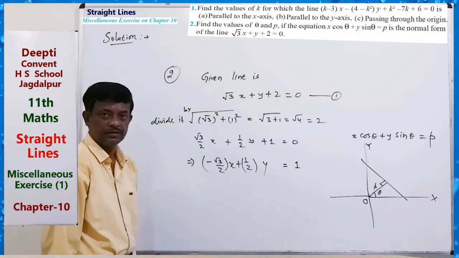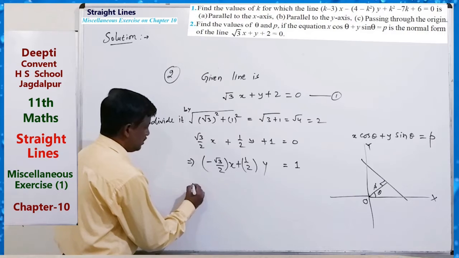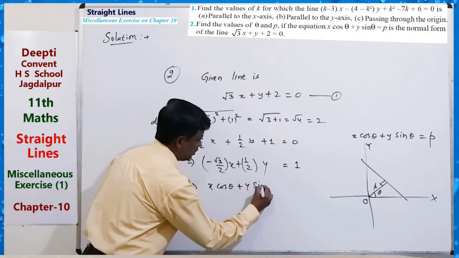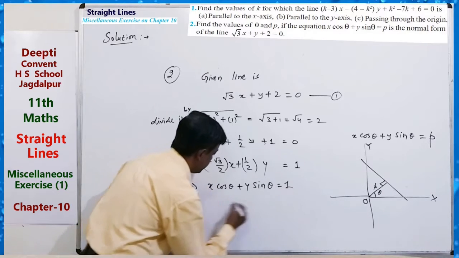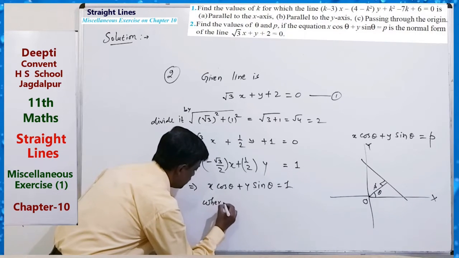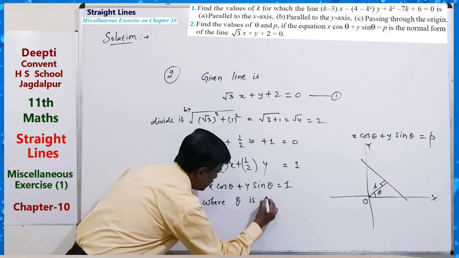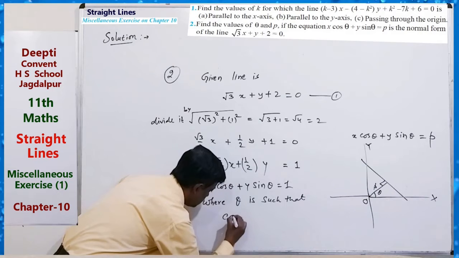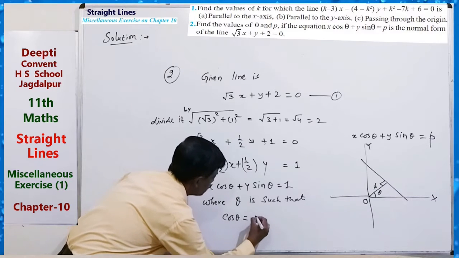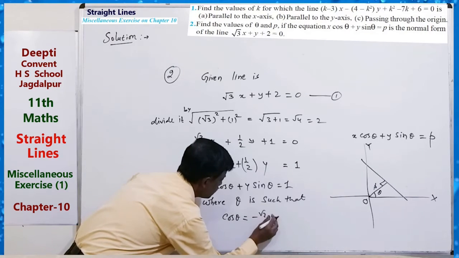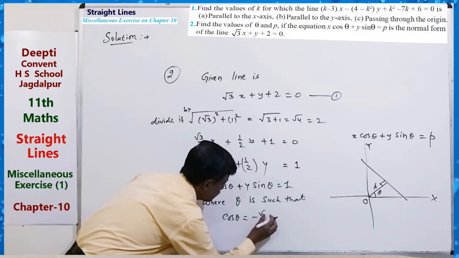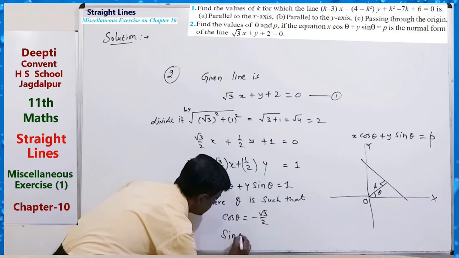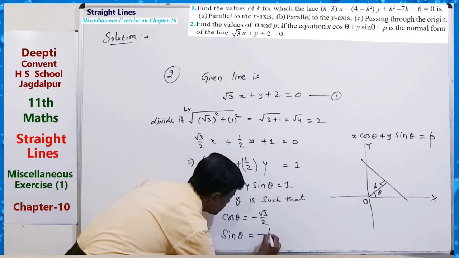Now this can be written as x cos theta plus y sin theta equals to 1, where theta is such that cos theta equals to minus root 3 by 2 and sin theta equals to minus 1 by 2.